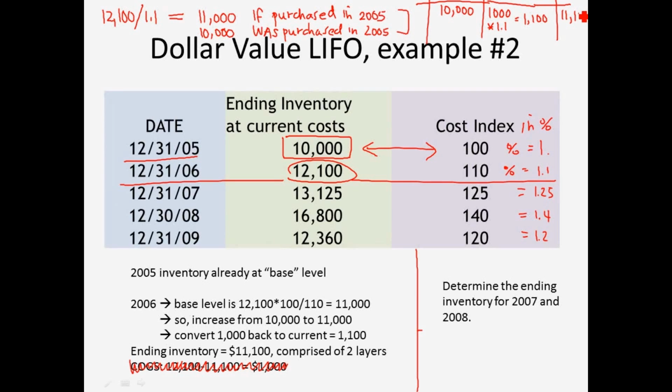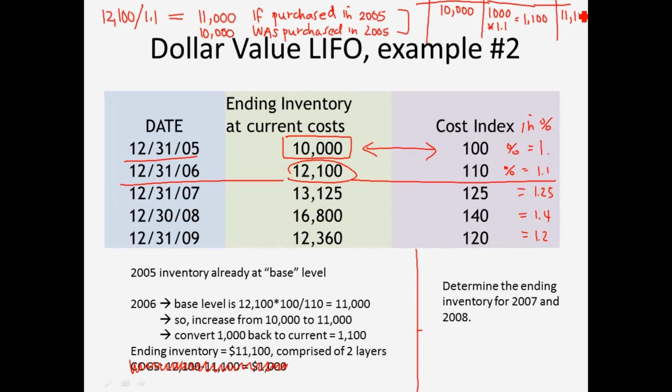But because I only bought $10,000 of it last year, the remaining $1,000 of it I had to buy this year. But $1,000 of stuff at current prices is not the same as $1,000 of stuff at last year's prices. So this year, the stuff that would have cost $1,000 last year actually cost me $1,100. So my ending inventory is $11,100.